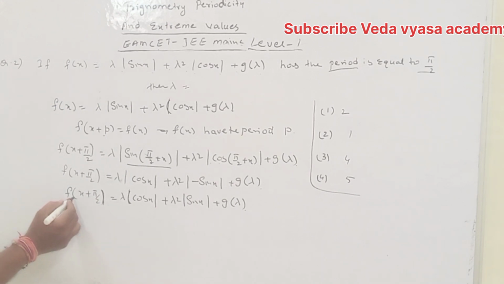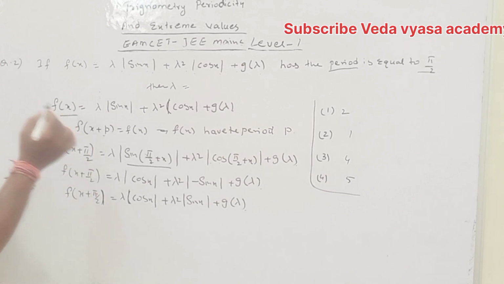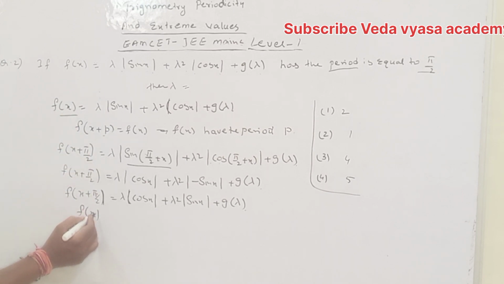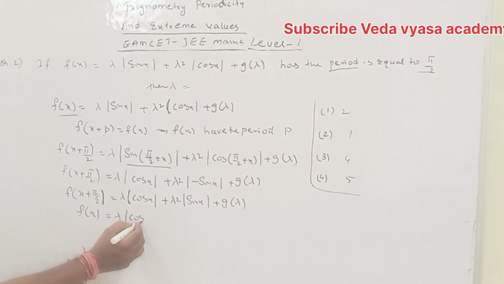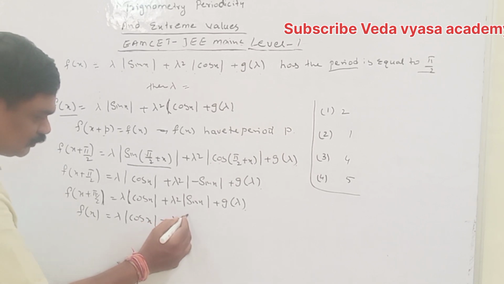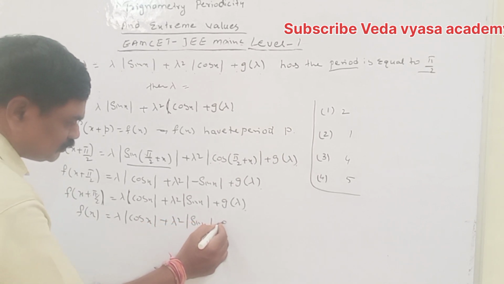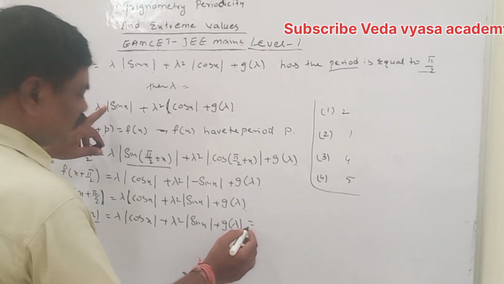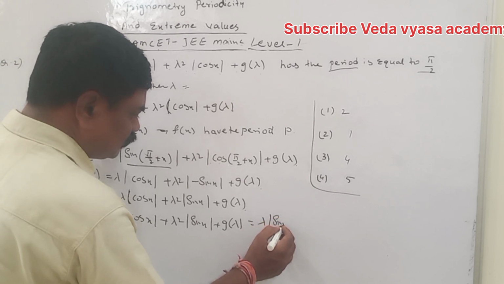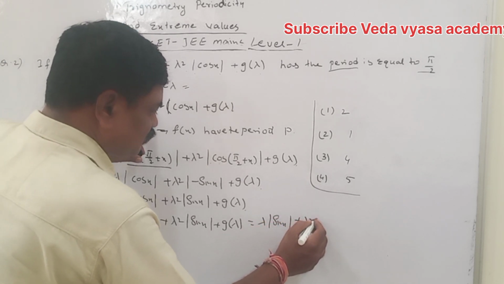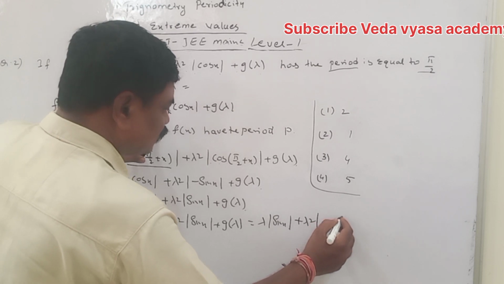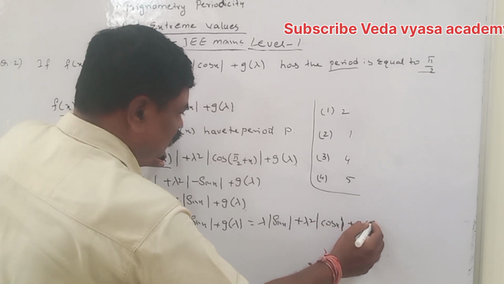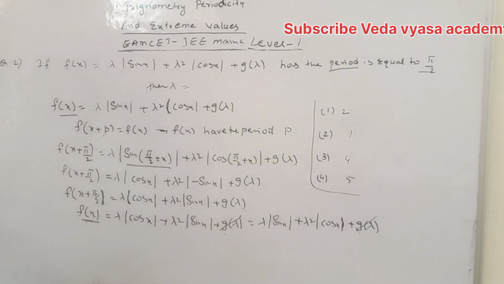So here f(x + pi by 2) is equal to f(x), because its period is pi by 2. So λ|cos x| + λ²|sin x| + g(λ) = λ|sin x| + λ²|cos x| + g(λ). Here g(λ) gets cancelled.